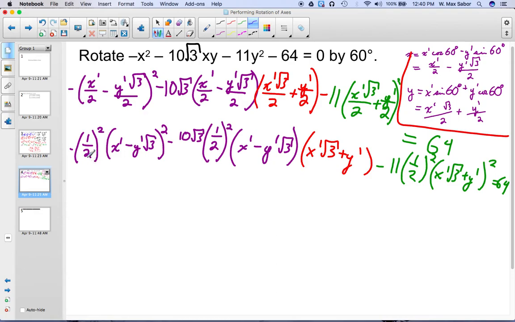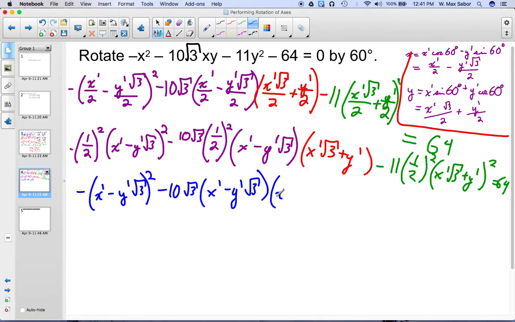Yes, this is a lot of writing. Negative x prime minus y prime square root of 3, squared, minus 10 square root of 3 times x prime minus y prime square root of 3, x prime square root of 3 plus y prime, minus 11 times x prime square root of 3 plus y prime, squared, equals, and now we multiplied everything else by 4, so we also have to multiply the 64 by 4, and that will become 256.